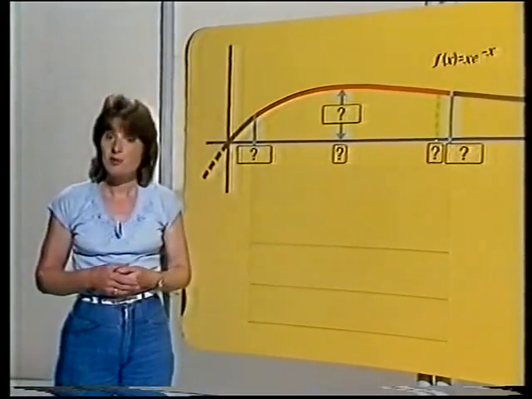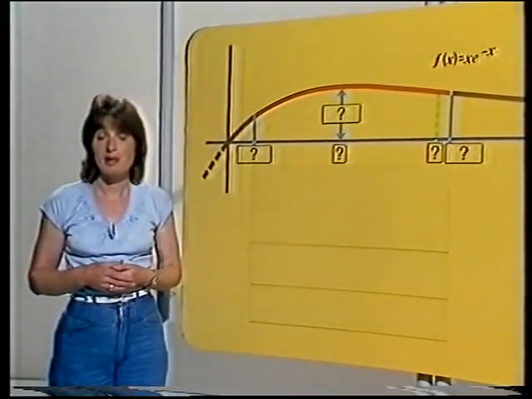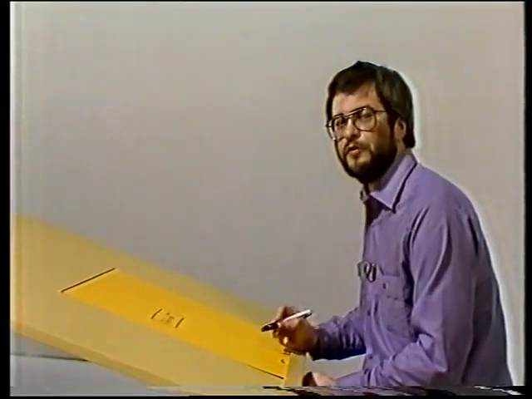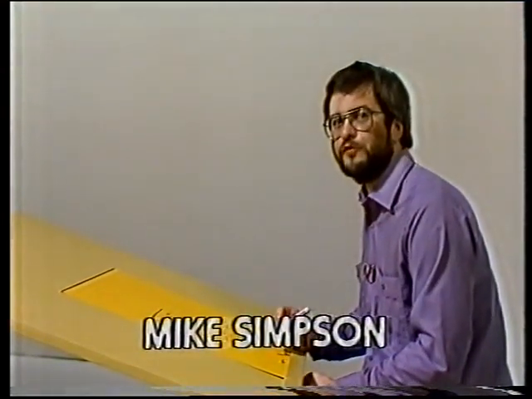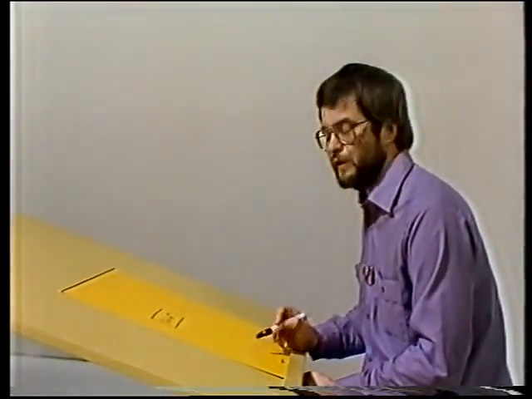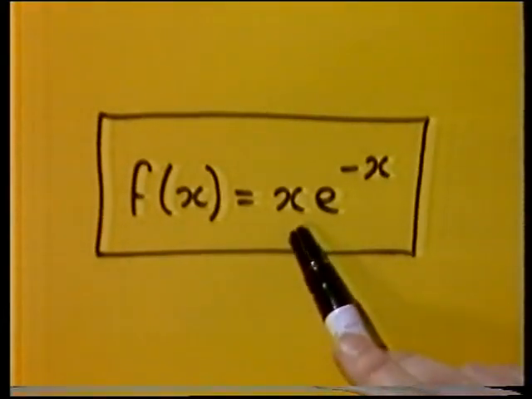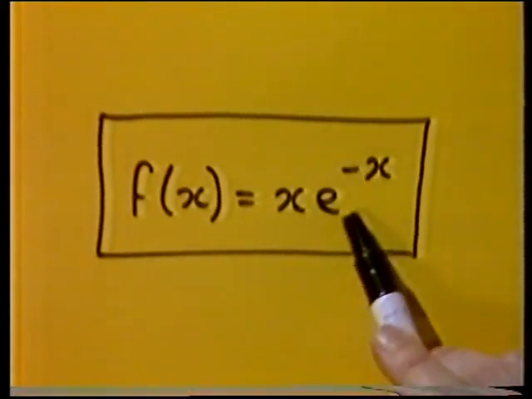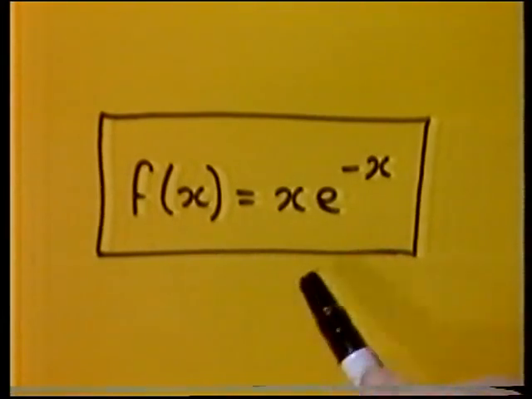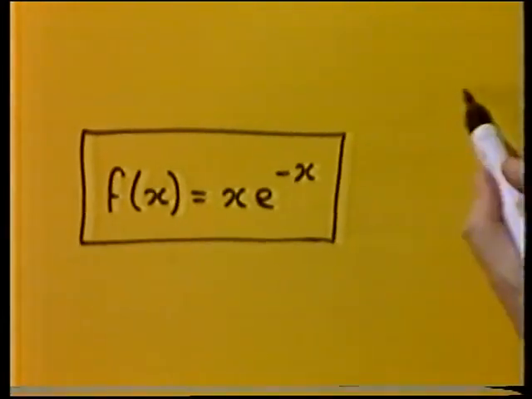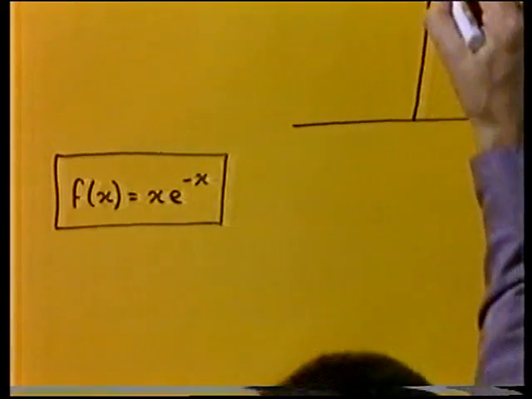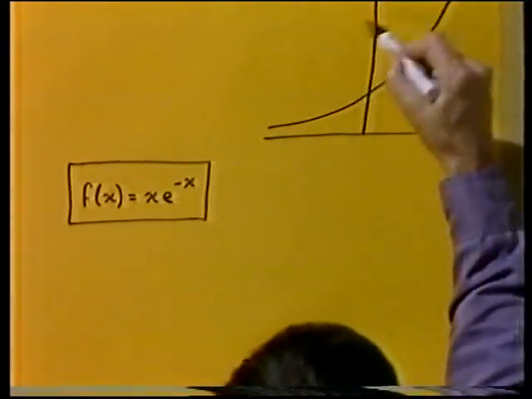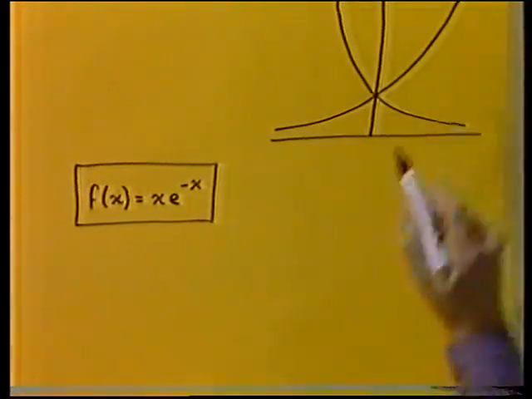So, how did we sketch x e to the minus x? I'm going to sketch the graph using the steps from Unit 2 of this block. This function is a bit different from those you've met so far, though. It's got this exponential bit in it. Now you know that all exponential functions have graphs which look like this or like this.